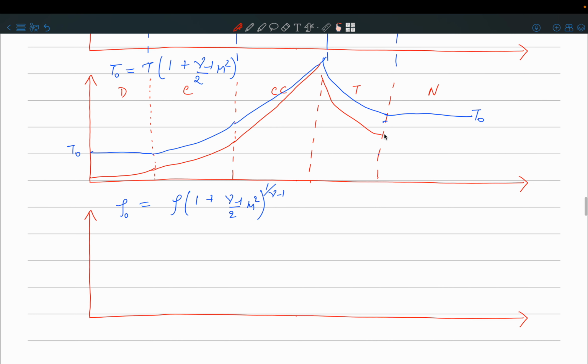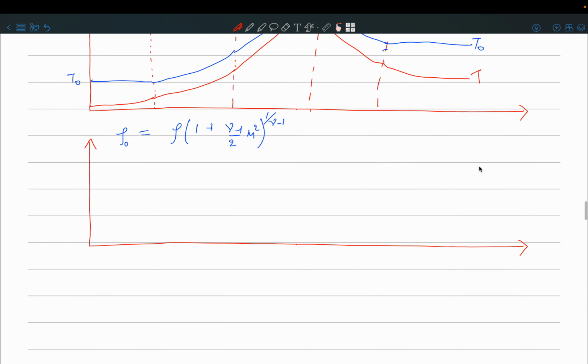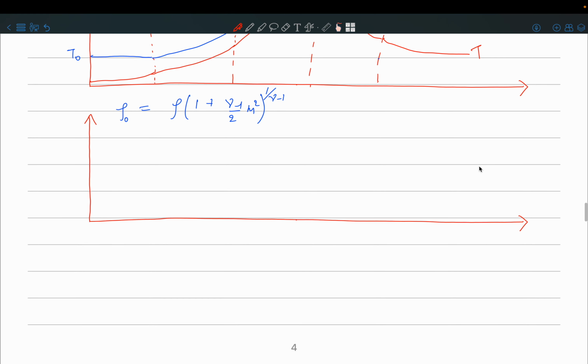And then it will further drop in the nozzle. But again, you should note that the inlet temperature and the exit temperature are very different. The exit temperature will be much higher than the inlet temperature. I hope these two graphs are clear, stagnation temperature and static temperature. Are these graphs clear?